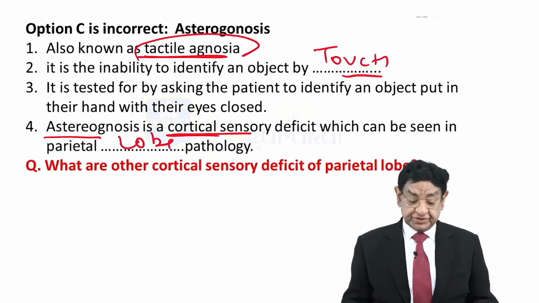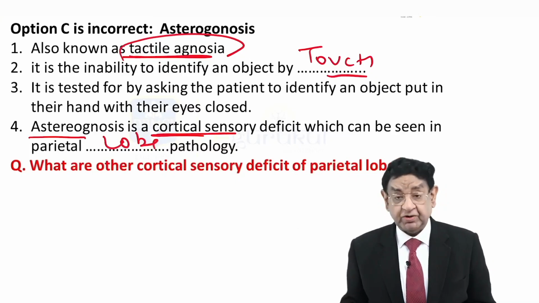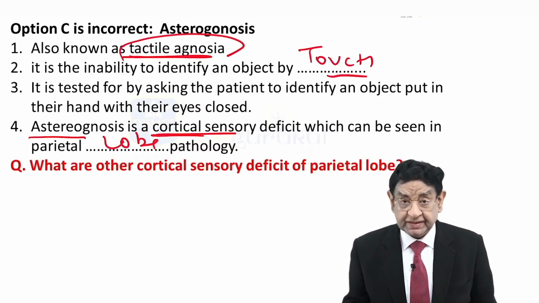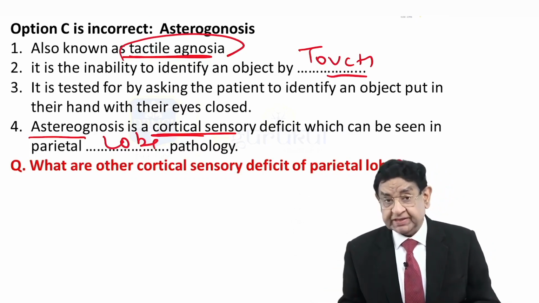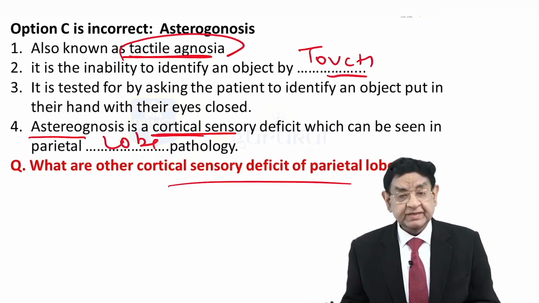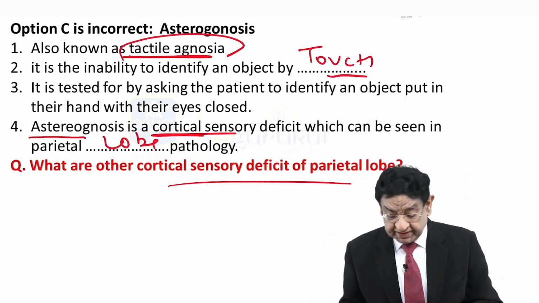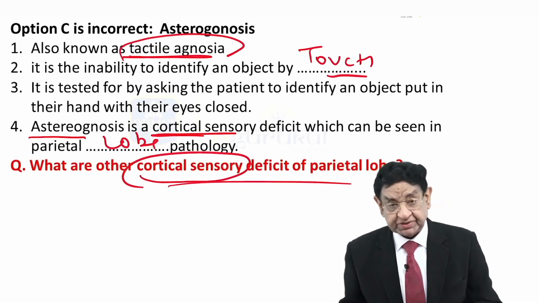Now I have a question for you. What are the other cortical sensory deficits in the parietal lobe, or rather, to be more precise, which are the cortical sensations which are affected when there is a parietal lobe lesion, leading to cortical sensory deficit? Write down the answer. What are the cortical sensory functions?